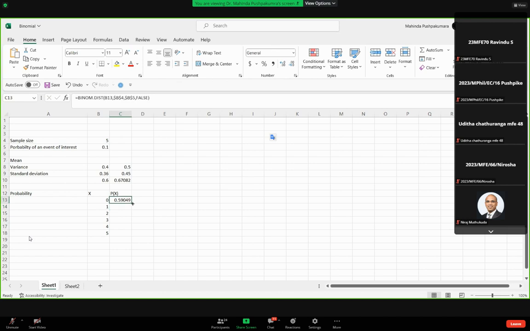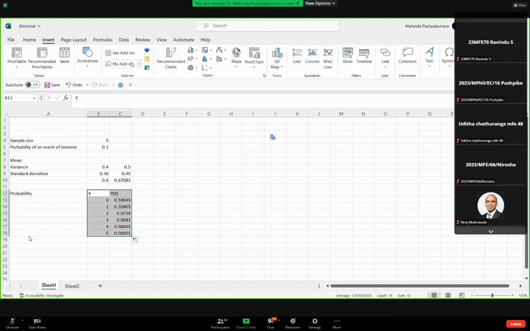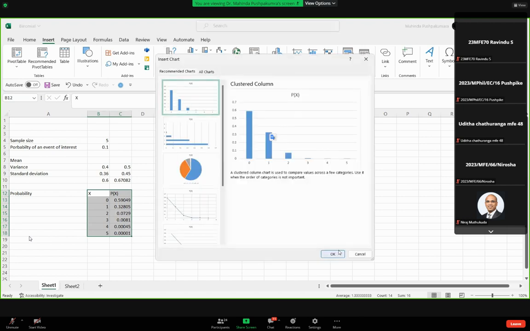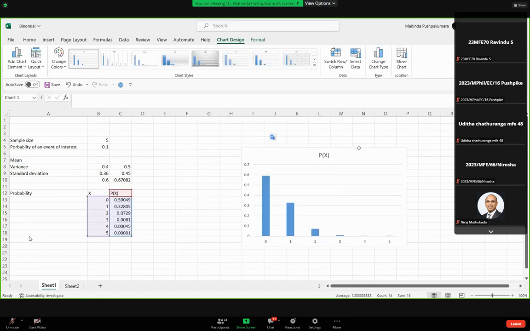Now you can click and drag. Then you can see the probabilities. Now you can plot this one.